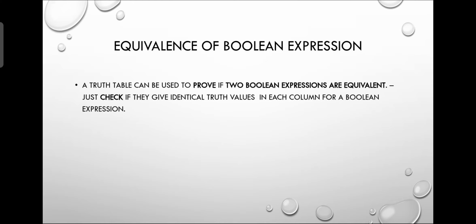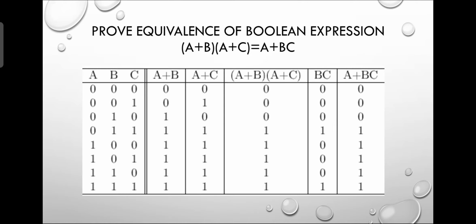So how will we prove that? We check if the truth tables give identical values for each column for the Boolean expressions, then they are equivalent, otherwise they are not equivalent.